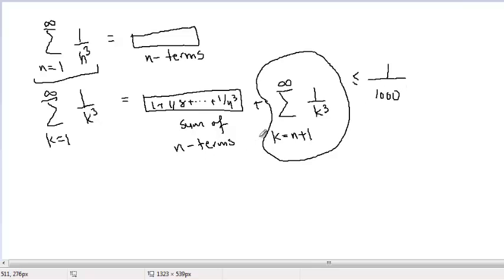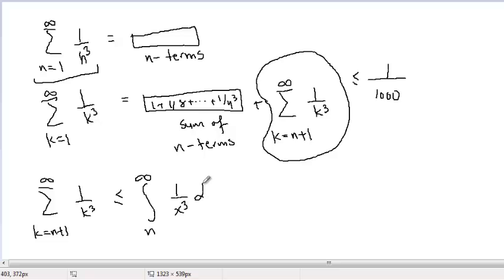Okay, it is kind of difficult to find this sum, so I will use that improper integral estimate we discussed earlier, namely this sum, k from n plus 1 up to infinity, 1 over k cubed. I know this is smaller than the following improper integral: the improper integral from n to infinity, 1 over x cubed dx, right?